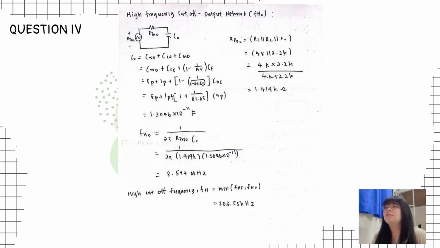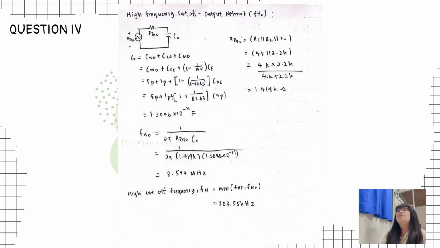We need to find the high frequency cut-off of the output network with the simplified circuit below. We need to find the value of Co, which is equal to Cwo plus Cce plus C Miller o. The formula for C Miller o is 1 minus 1 over Av times Cf, after which we get the value of Co, which is 1.3046 times 10 to the power of negative 11 farad.